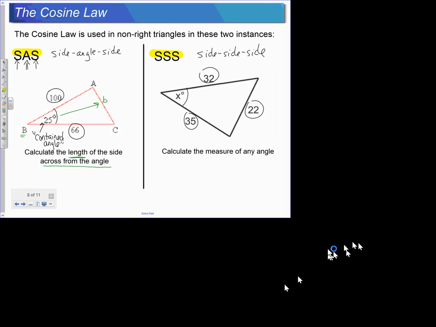In fact, you can find any of the angles with SSS. So these are the conditions strictly for cosine law. We have some that are for sine law, and then with right triangles we have SOHCAHTOA. So those are your three main strategies for solving for missing sides and angles in triangles.